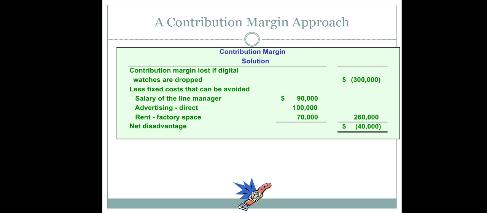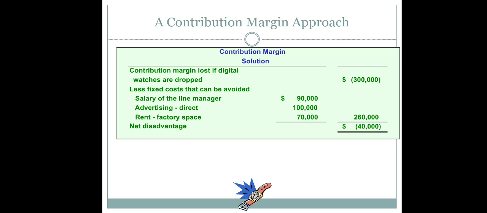Because the business lost contribution margin more than it saves in the fixed cost. So 40,000 net disadvantage. So now the question: the business wants to close the digital watch segment or not?